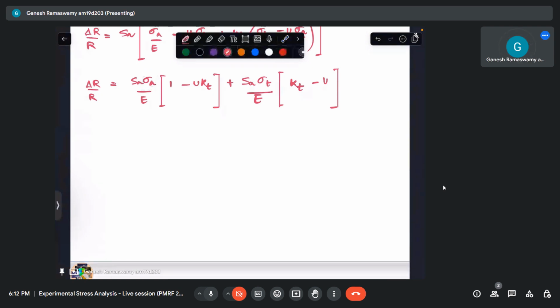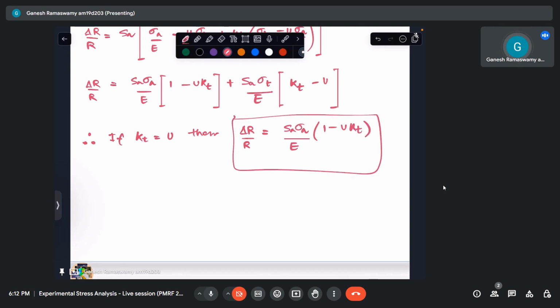So therefore, if Kt is taken equal to mu, then delta R by R directly gives us Sa sigma A by E into 1 minus mu Kt. So this directly gives me a measure of the stress instead. So this acts as a stress gauge.